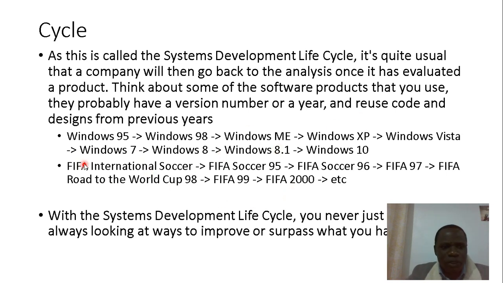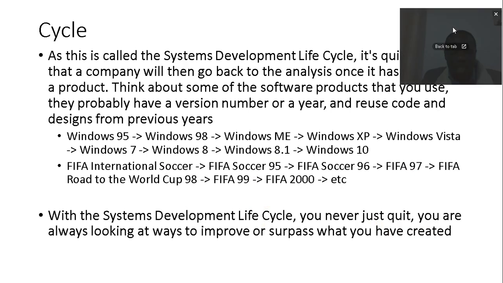Examples are Windows 95 to Windows 98, then Windows ME and XP, Vista, Windows 7, Windows 10. They always build on the previous versions to get a better version. Look at FIFA International Soccer, which was 95 first, then 96, 97, and it has continued evolving. With the systems development life cycle, you never just quit. You are always looking at ways to improve or surpass what you have created.